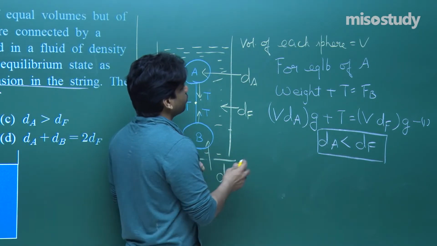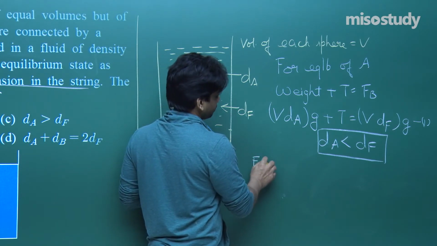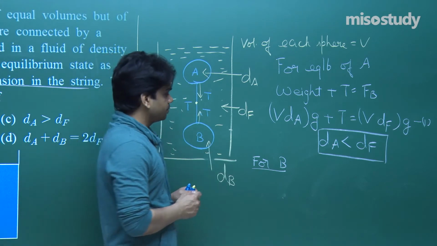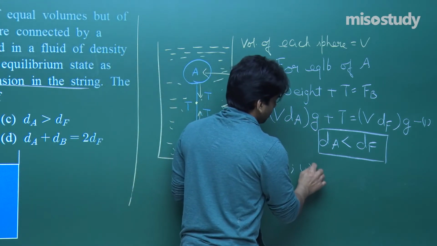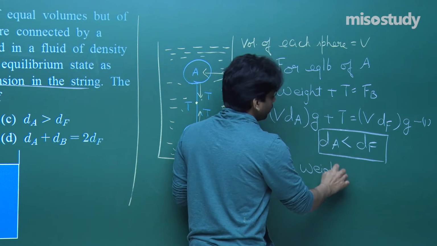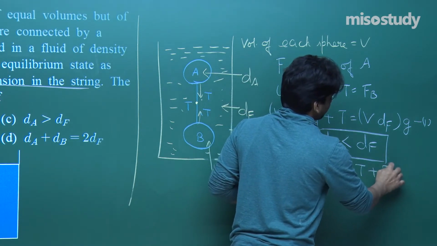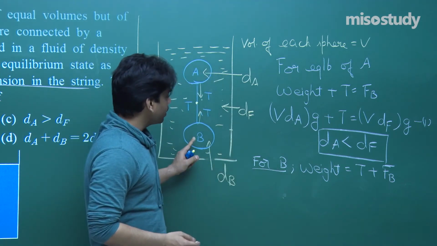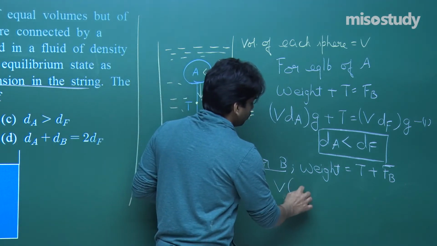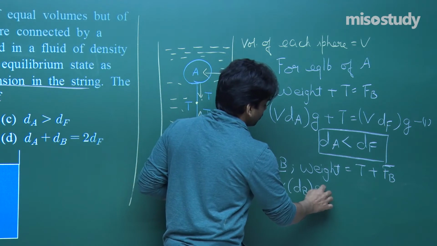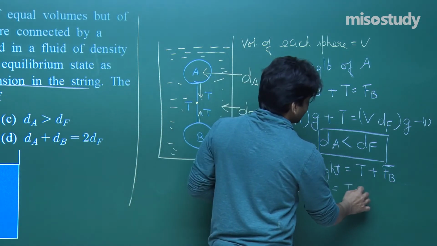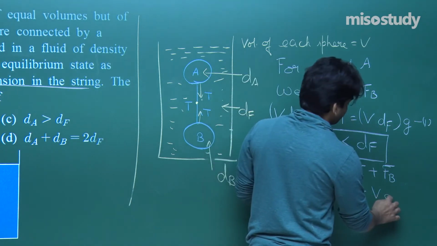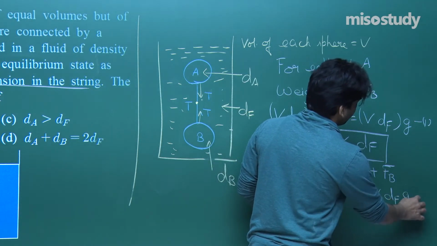Now for the equilibrium of B, we can write its weight is equal to tension plus buoyant force. Weight is volume into its density into gravity, which will be equal to tension plus buoyant force, volume into density of fluid into gravity.